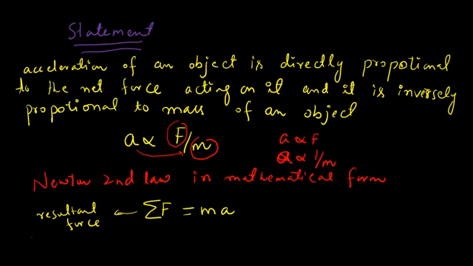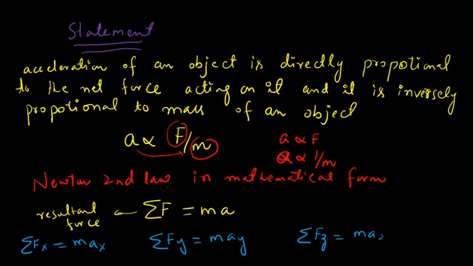We can write the resultant force acting in the x direction as equal to max, the resultant force acting in the y direction as equal to may, and similarly in the z direction it will be equal to maz.